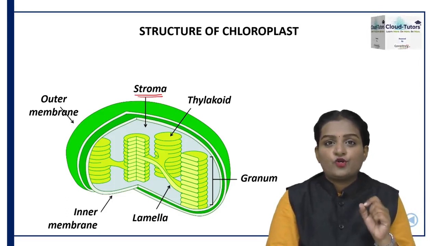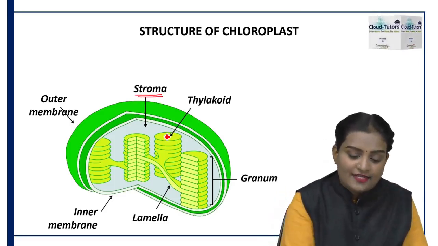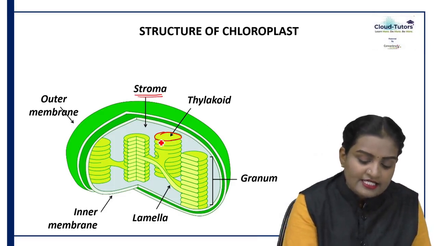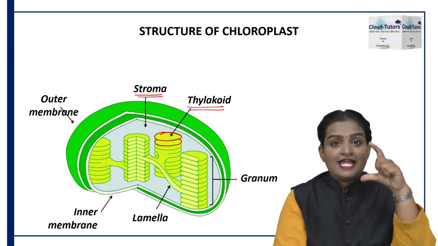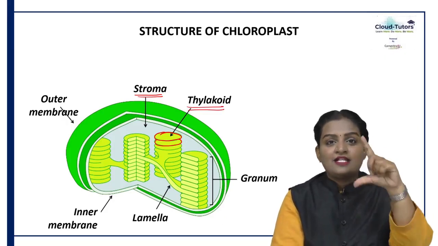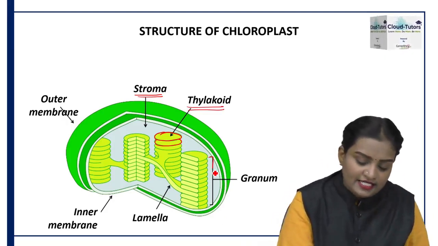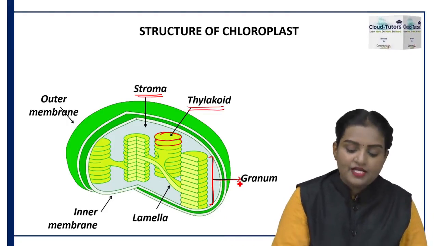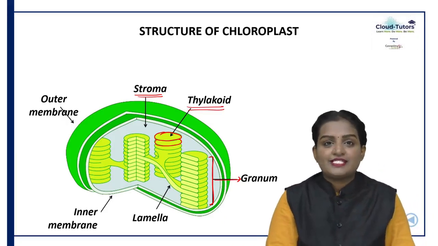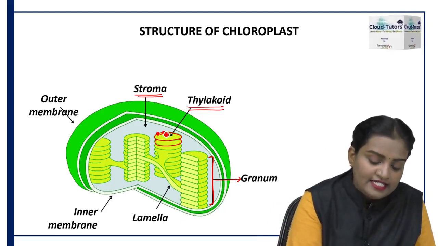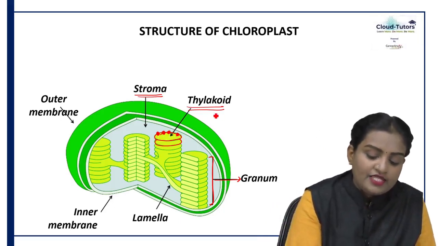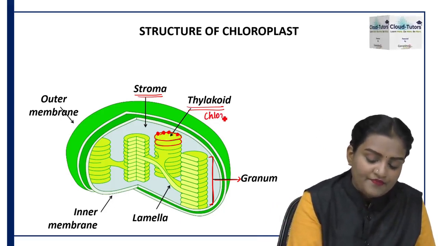In the stroma, there are coin-like structures, as you can see here. Single coin-like structures are known as thylakoid, whereas a stack, the full thylakoid group here, is known as grana. So where exactly photosynthesis occurs: the membranes of thylakoid here are embedded with chlorophyll pigment.